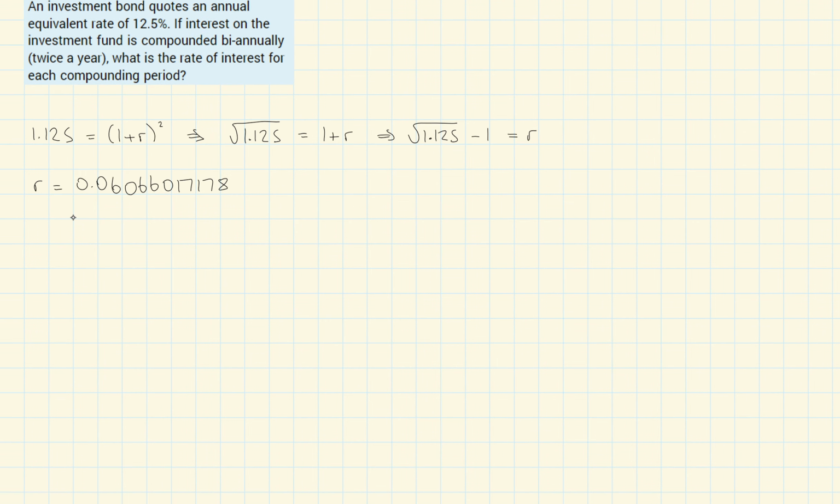And then for the rate of interest, multiply your answer there by 100 over 1. So we get 6.066, so we'll go to 2 decimal places. And there's our answer.